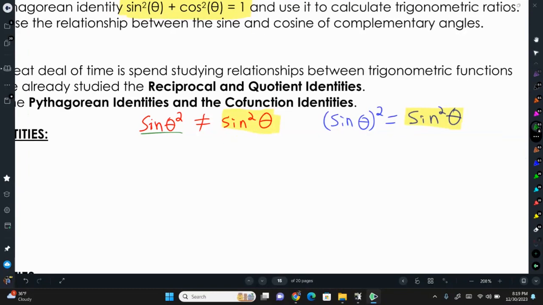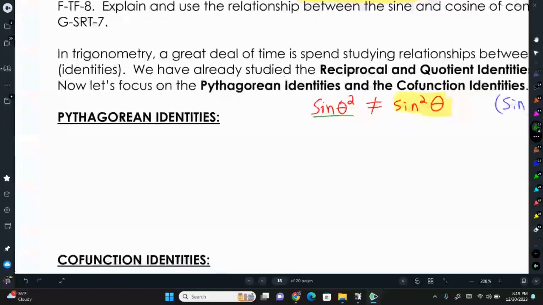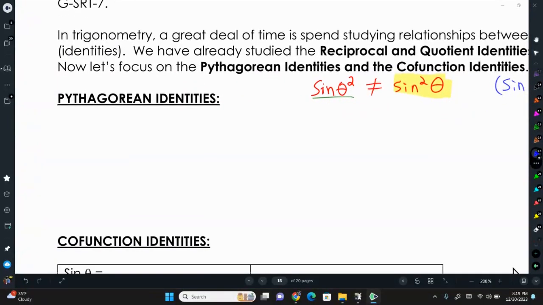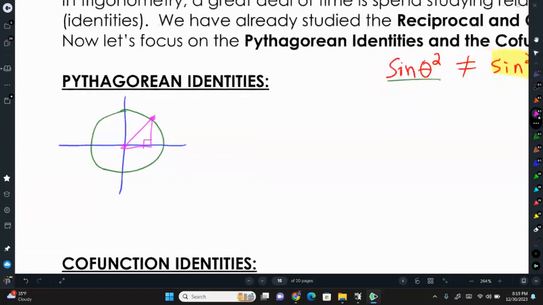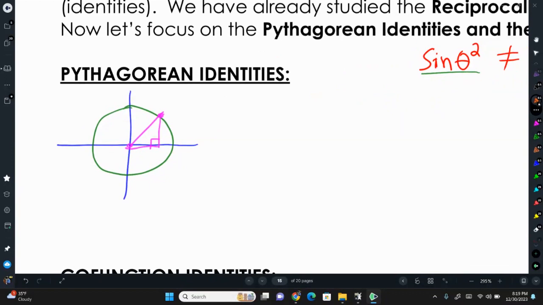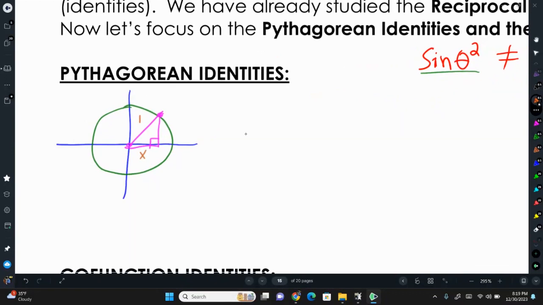So the Pythagorean identity comes from the fact that on the unit circle, so if we have our grid here and our unit circle, the hypotenuse is 1 always, no matter what. We have a right triangle there, and remember, the x value goes with cosine, and the y value goes with sine.